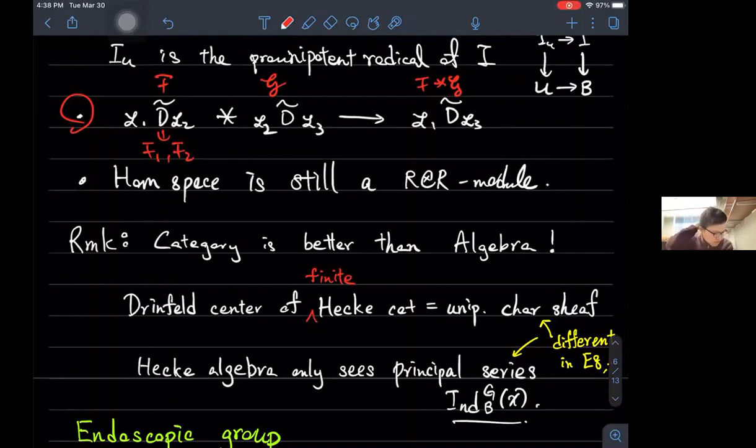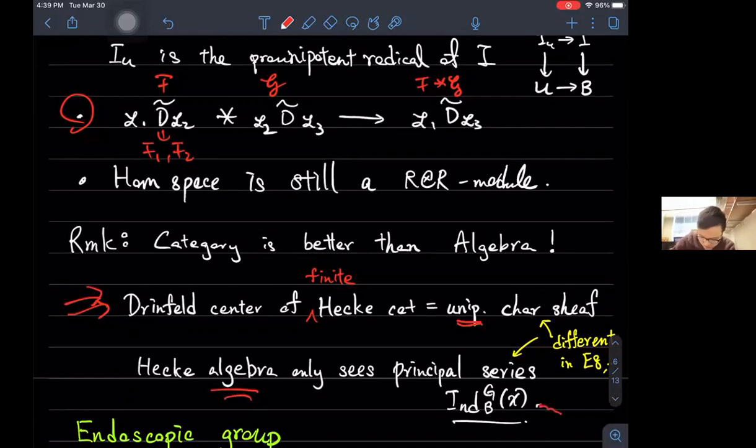This is a result by a list of mathematicians: Lusztig, Bezrukavnikov, Finkelberg, Ostrik, Ben-Zvi, Nadler. They proved similar versions of this statement. So the punchline is the center can see every representation. Meanwhile, in the Hecke algebra, you could only see the principal series.